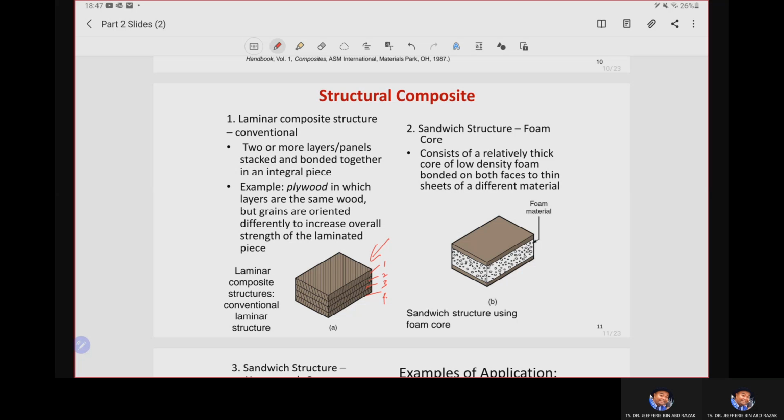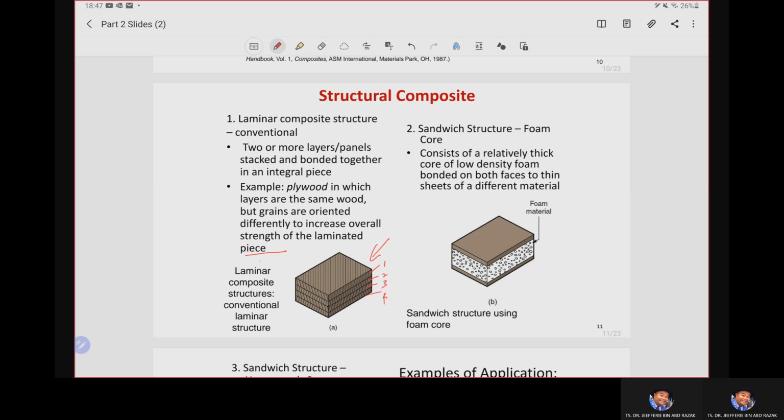For example, thin wood, in which layer by layer of the same wood, but with different grain orientations, increases the overall strength of the laminate piece.